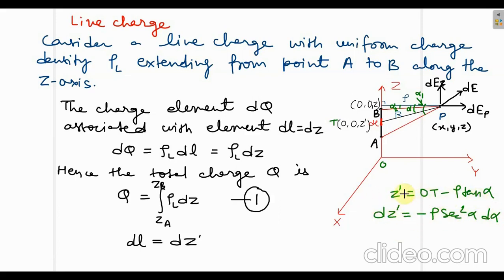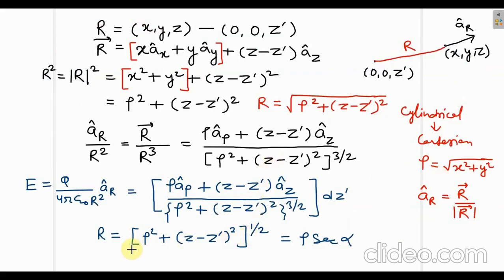Now the equation becomes E equals minus rho L upon 4 pi epsilon naught, and the limit will be from alpha 1 to alpha 2.